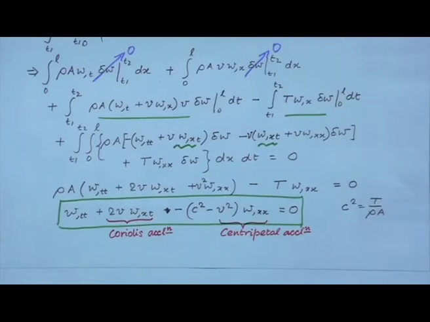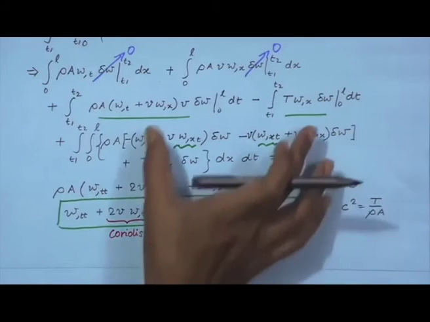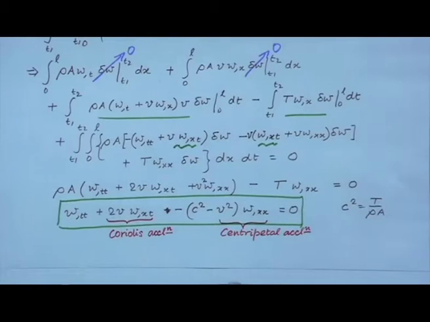These two can be combined, and for the case that we are going to consider, the boundary conditions are simply this, and that actually makes the boundary terms 0 in this case.